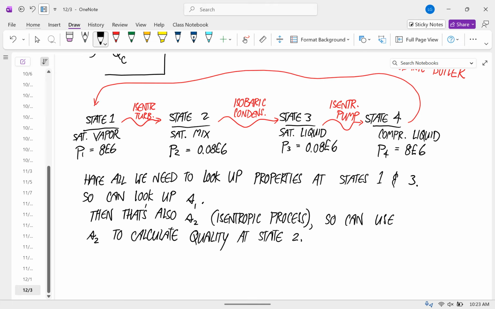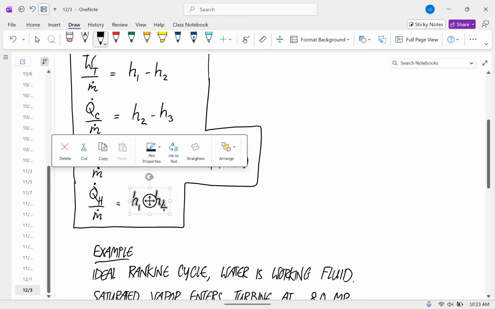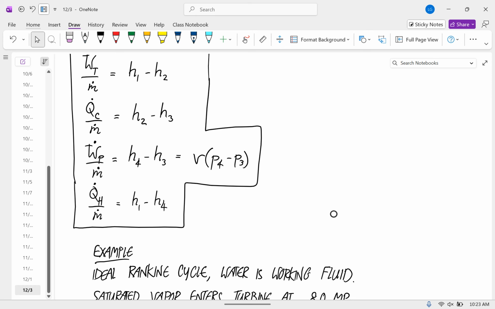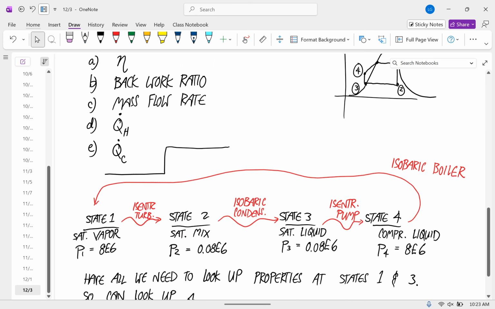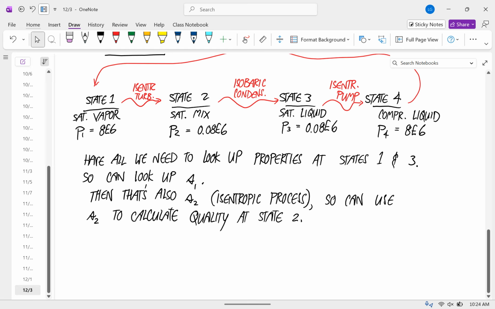In this case, we have the pressures at these two, and so we can figure out what the specific volume is and just use this expression. Okay, so let's start looking this stuff up.